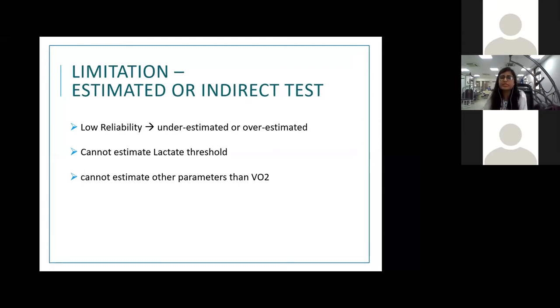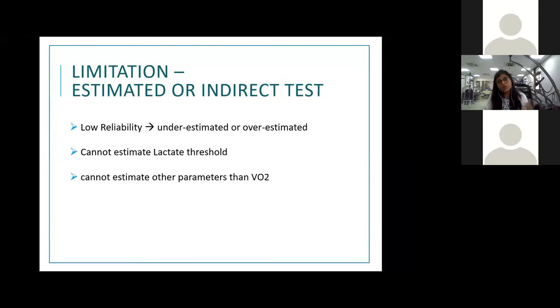Limitations of these estimated or indirect tests. One is low reliability, because it varies between 68% to 88%. That's the maximum reliability we could get for estimation of VO2 max. It cannot estimate the lactate threshold, and it cannot give values about the other parameters of VO2.